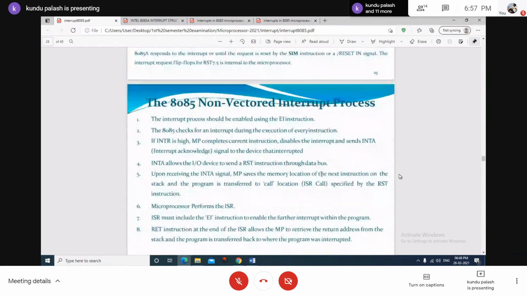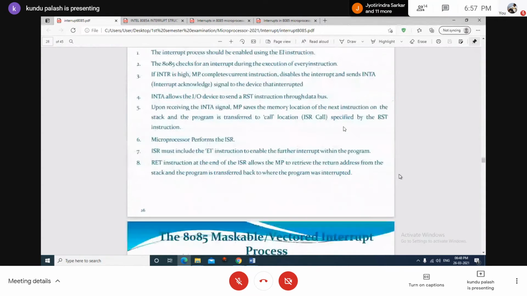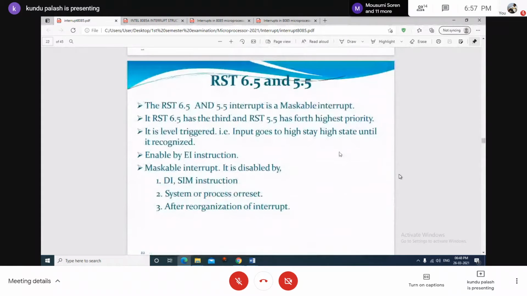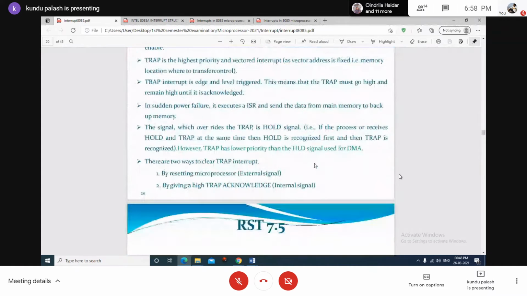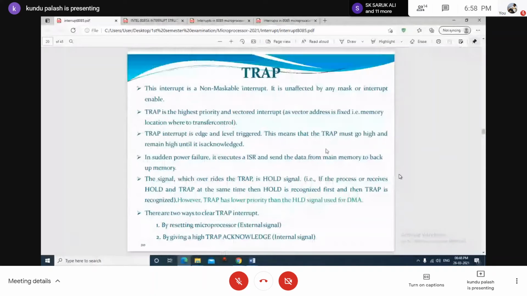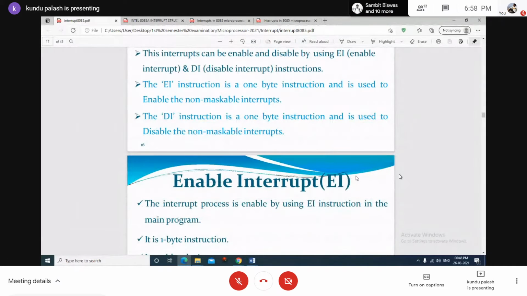Now, what is called masking? The interrupt process should be enabled. That means the interrupt will not be initiated in general just when an interrupt request signal occurs. The global interrupt system should be enabled by the code EI, Enable Interrupt.